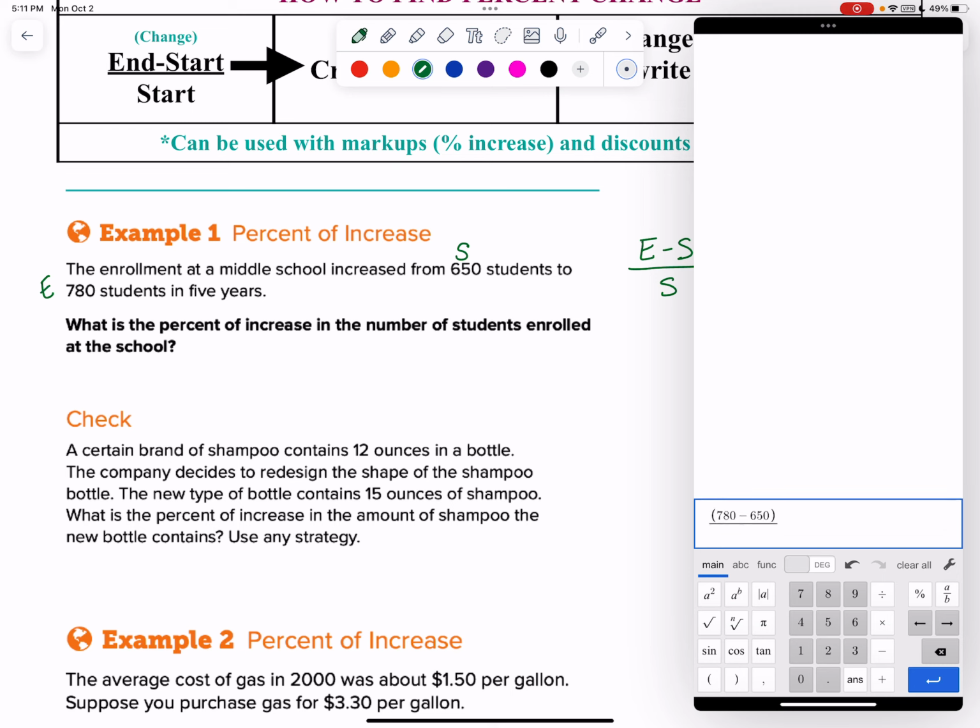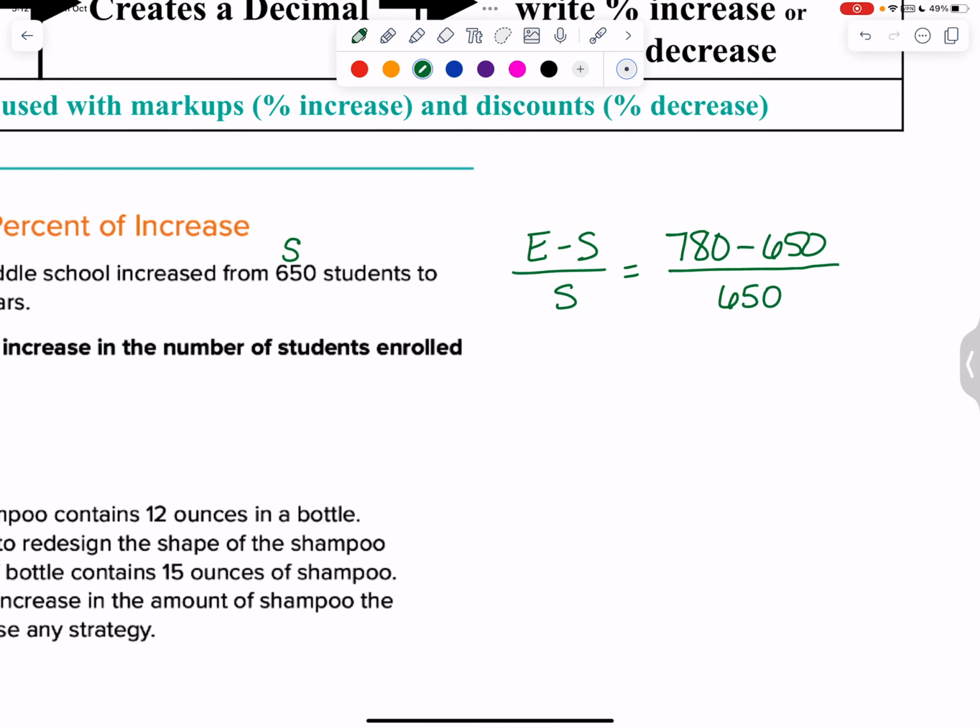And all that is divided by the start, which is 650. So notice the 650s are both on the right, because it's end minus start over start. And we have 0.2 as our decimal. Okay, so here's where we're at so far, 0.2.